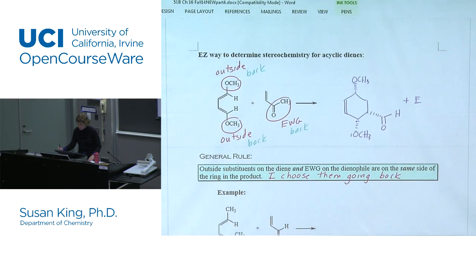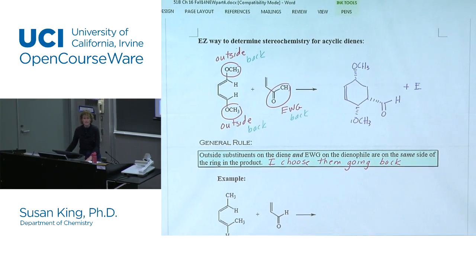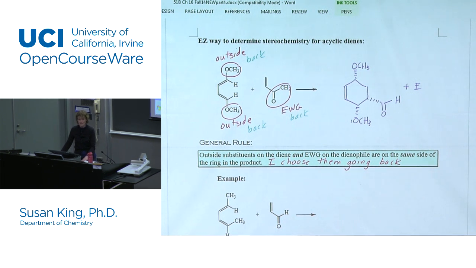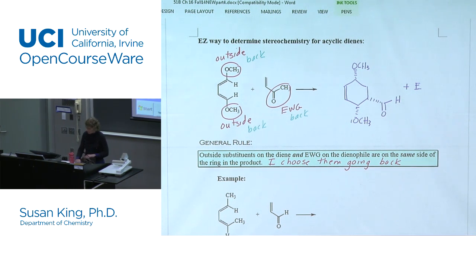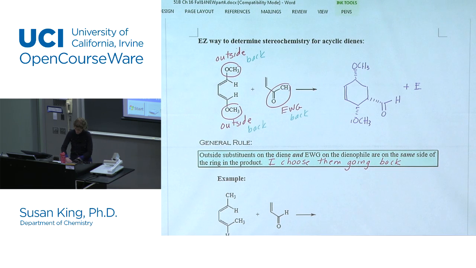All right, so we're talking about how to predict the right stereochemistry, the endo product for acyclic dienes. And so what we said is that we have outside substituents on the diene. On the dienophile, there are no outside or inside. So we're only talking about the diene when we're talking about outside substituents.